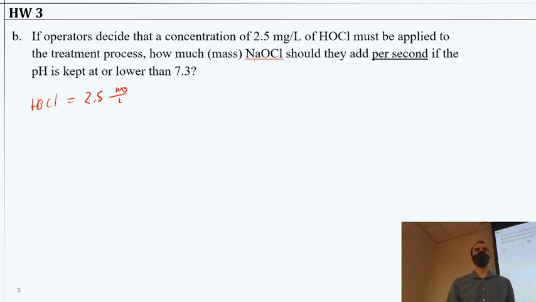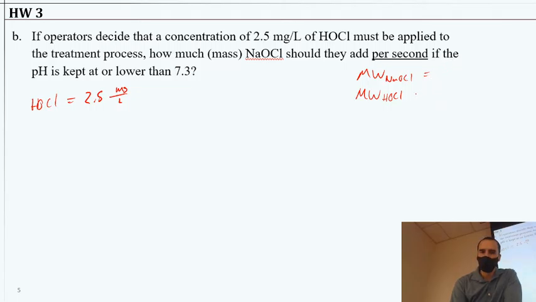That means the total is going to be something more than that, because it's partitioning into HOCl and OCl-. The way we can approach this: first of all, we need the molecular weight for NaOCl and the molecular weight for HOCl, just getting those set up and in place.